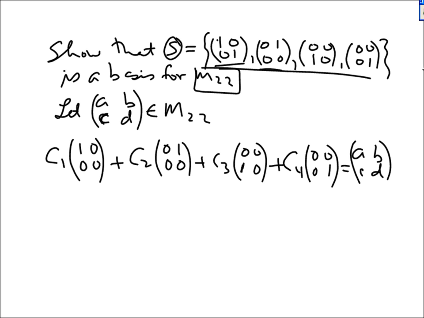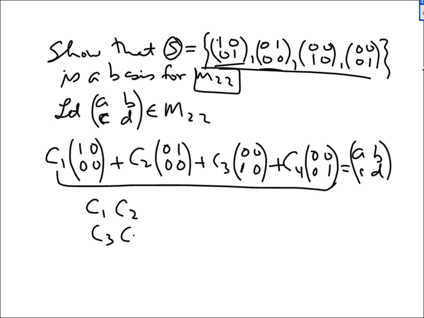I commented a moment ago that we did part of this work. That is, we know exactly what this is. We already did it. It's C1, C2, C3, C4. And it equals the right-hand side, which is A, B, C, D.